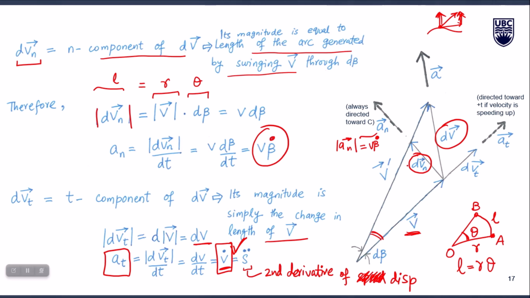Now this dv sub n vector is simply the change in direction of v with respect to time, right? So dv sub n is simply the change in the v vector in the direction of the n component, in the n direction, and this dv sub t is simply the change in length of the v vector along the same t axis, which is the original direction of the v vector, right?